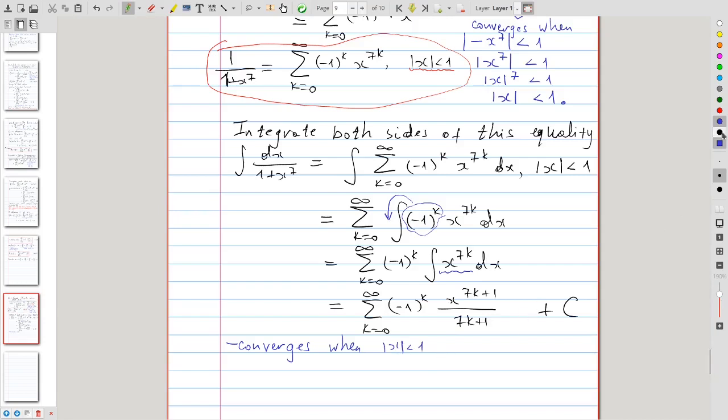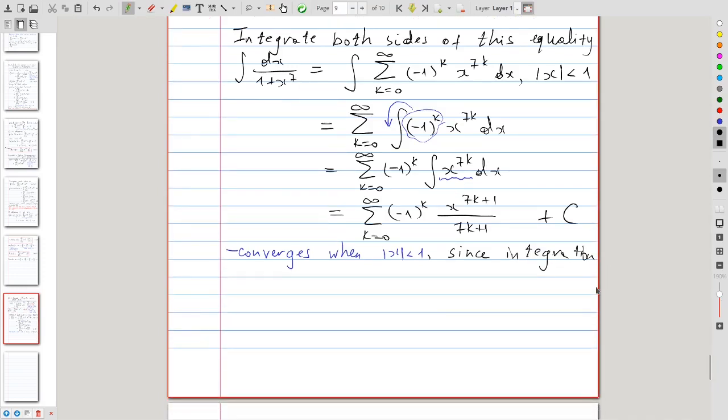This is of course because integration preserves the radius of convergence.